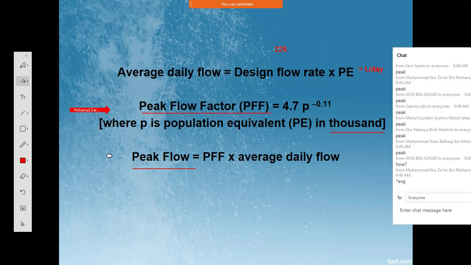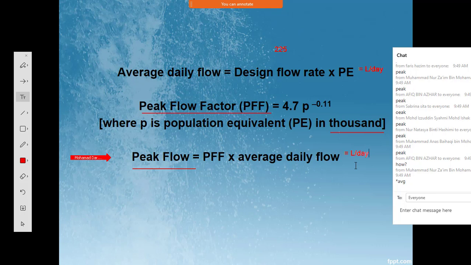Okay, and then finally we have the peak flow rate. It is the PFF times average daily flow. Alright, PFF times average daily flow. That will give you the peak flow rate, also in liter per day.